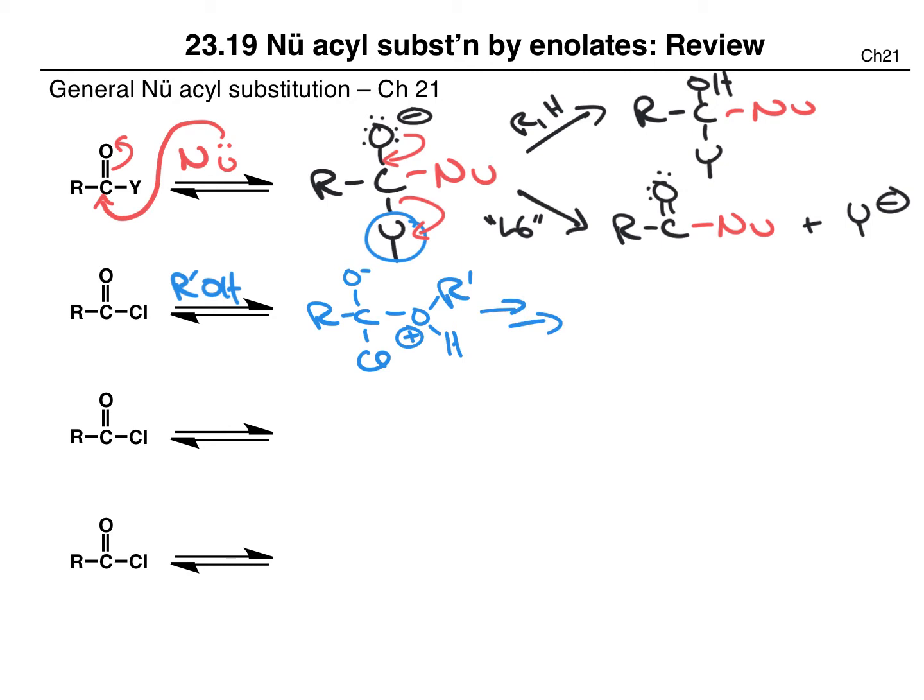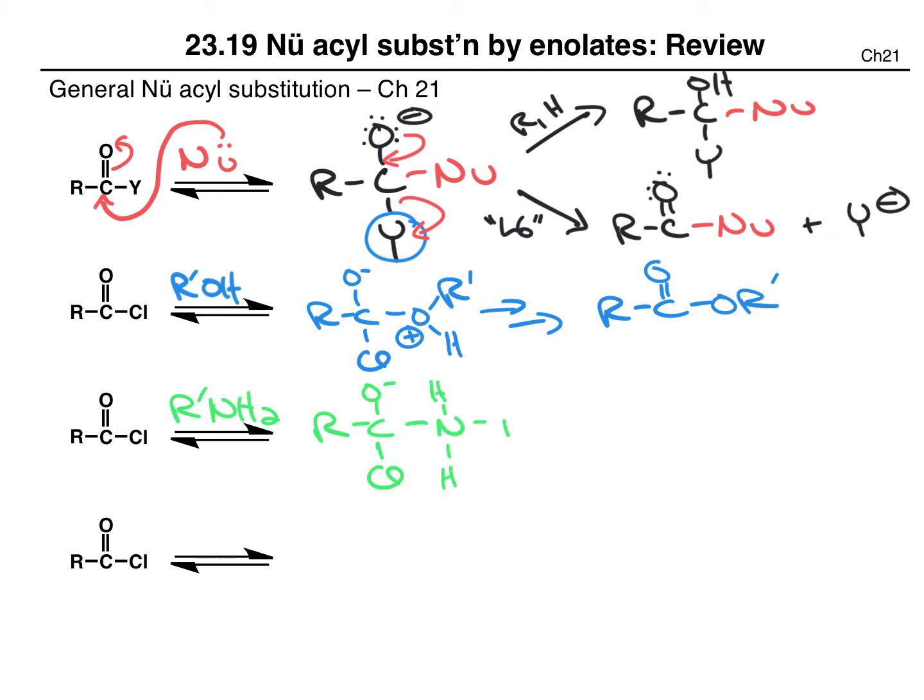And then this will lead to the formation of an ester. If we have an acid chloride and we react it with an amine, we will get an intermediate that looks something like this. And then after some proton transfers and some other electron movement, we will end up with an amide.